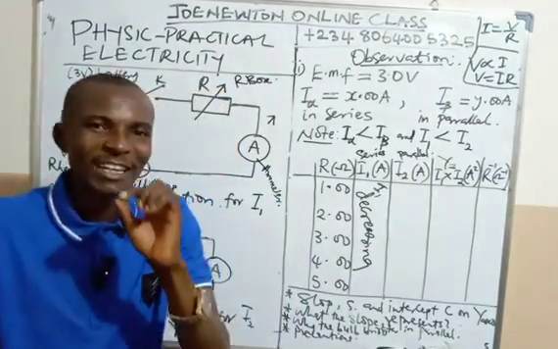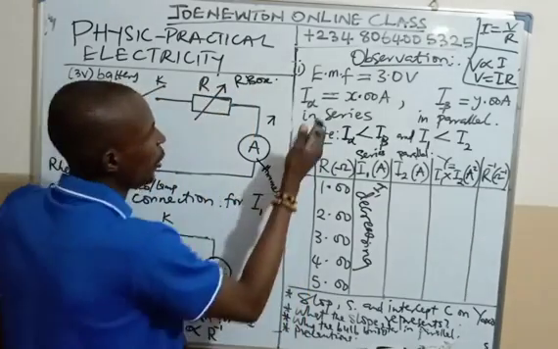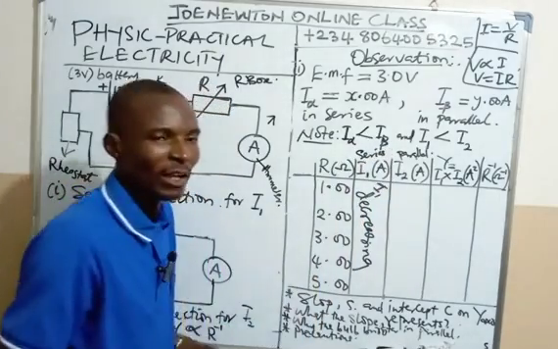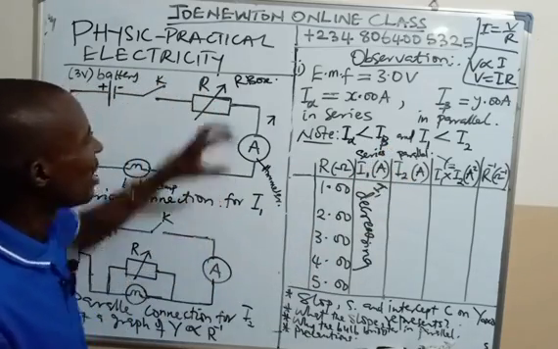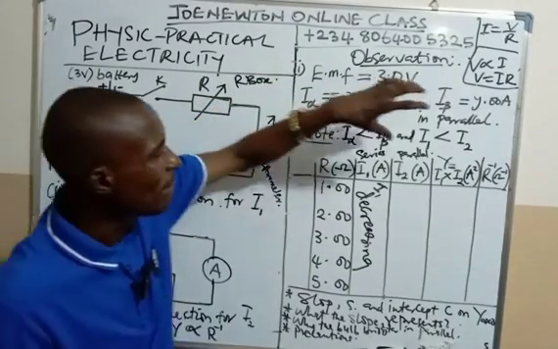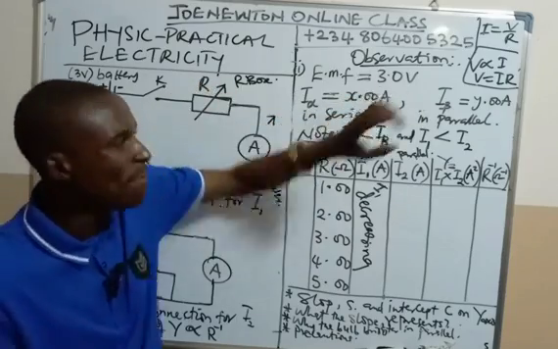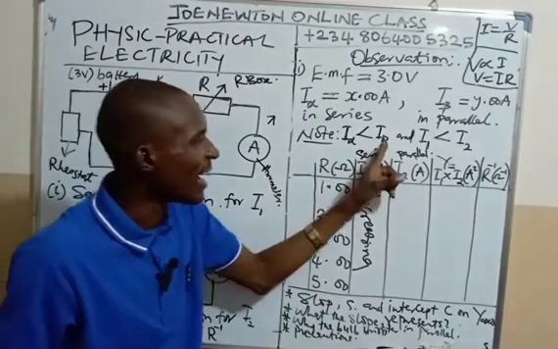Now note significantly and very important: your I alpha should be less than I beta.